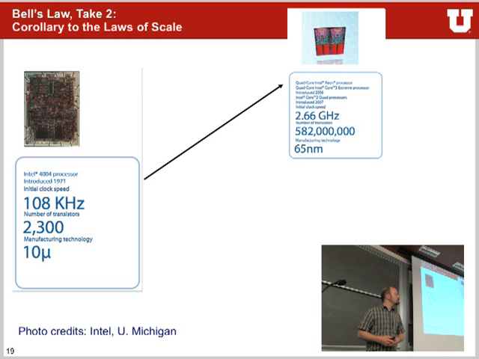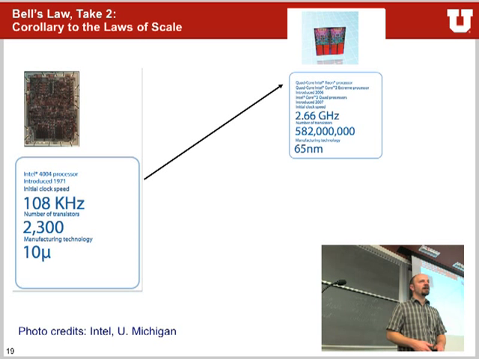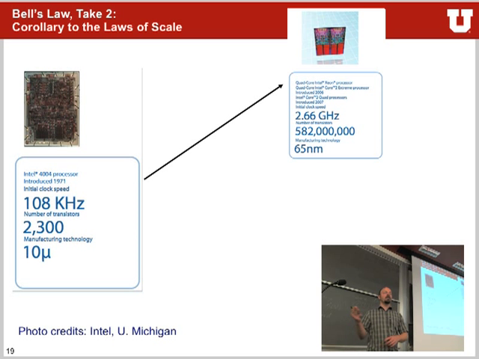In 2006, we had one of the quad-core Intel microcontrollers, had 2.6 gigahertz speed, had 582 million transistors, and was manufactured at 65 nanometers, right? So this is really the scaling up that happened. Faster, smaller, more energy. These things draw a couple of tens of watts, probably like 70 to 100 watts, just burning on this little chip.